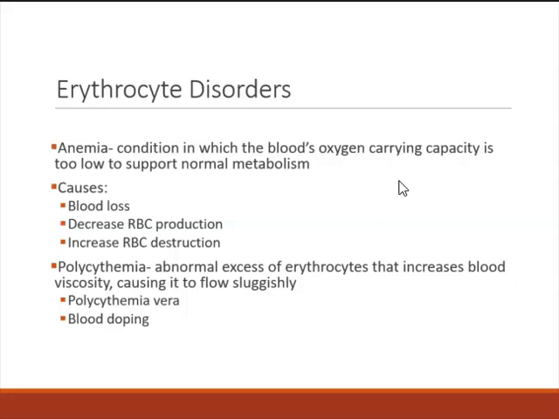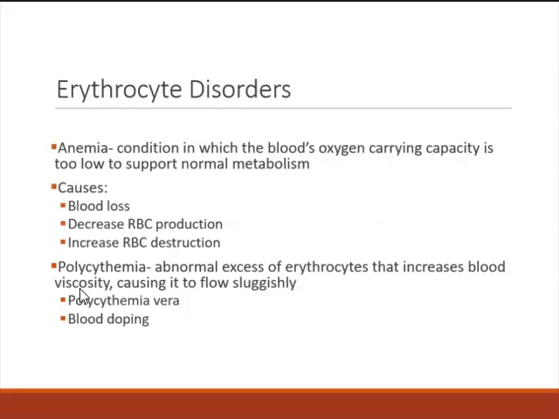On the other hand, if we have an abnormal increase or excess of erythrocytes, we have a condition called polycythemia. So polycythemia is an abnormal excess of erythrocytes that increases blood viscosity. So viscosity is basically the thickness of a fluid. If something is viscous, it's like a thick type of fluid.